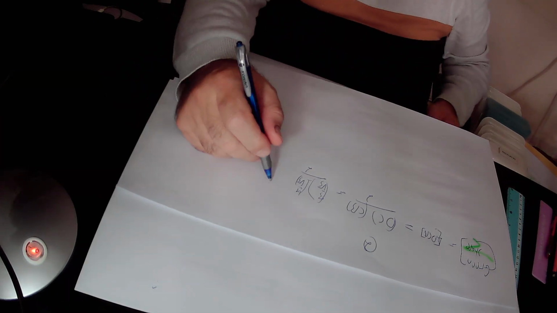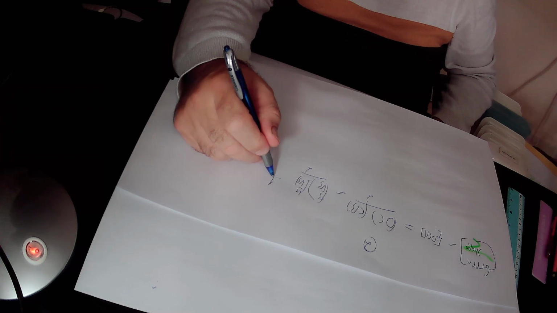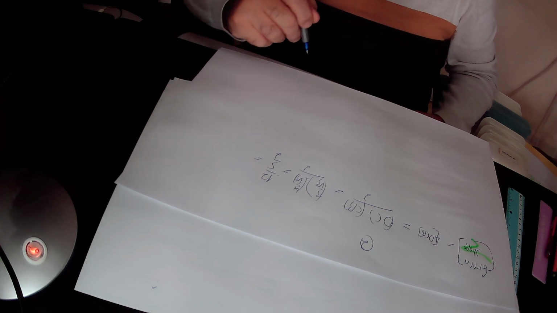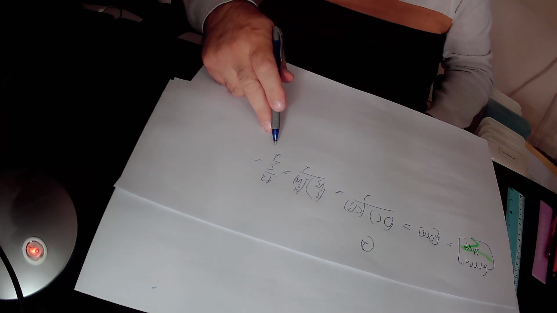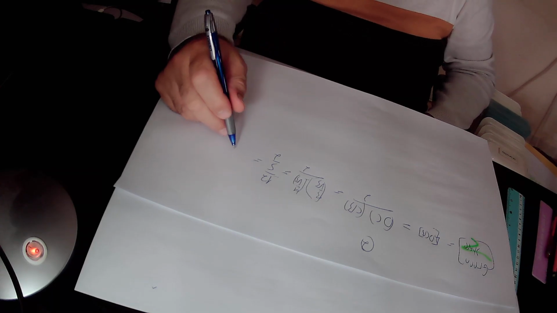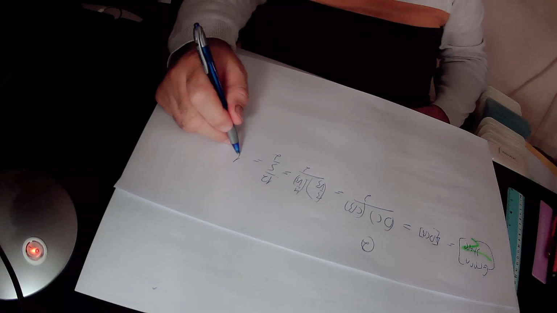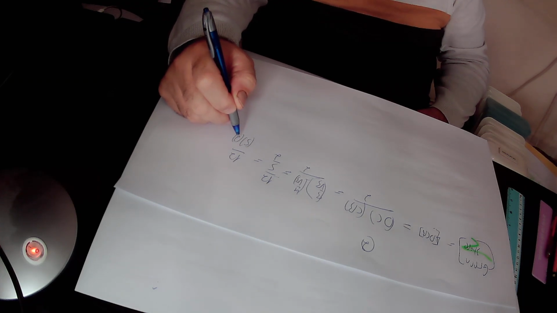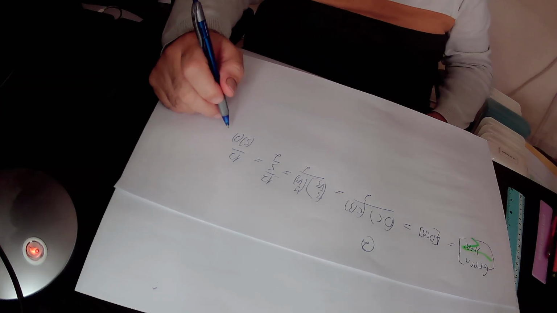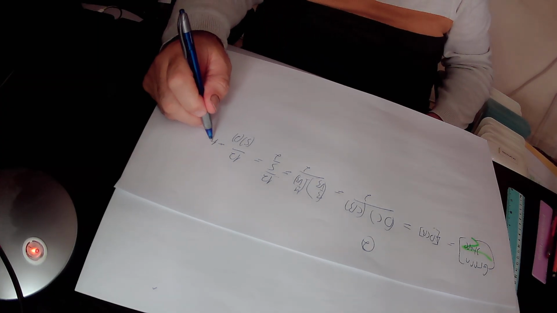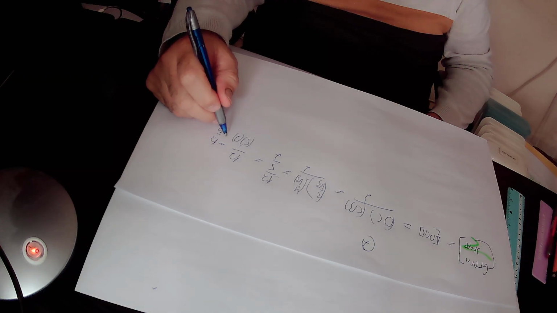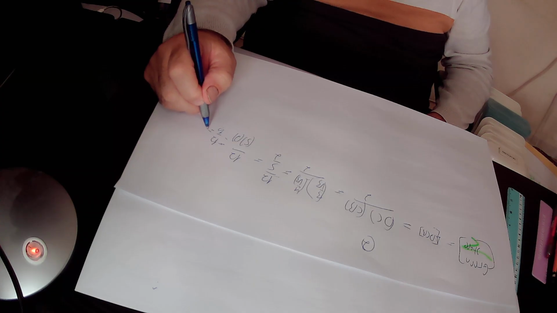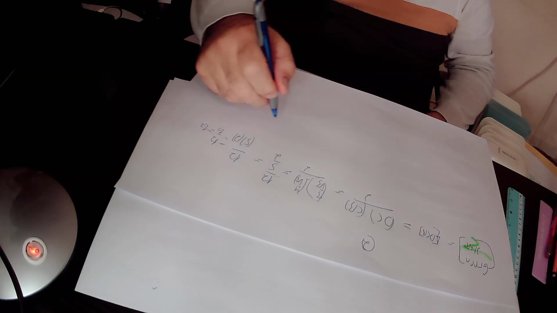So here we have 12 over 5 over 2. Here we move 2 to the denominator of this expression, and you get that the area of the green shape in total equals 12 over 5 times 2. 5 times 2 is 10, so this expression equals 12 over 10, and 12 over 10 is 1.2 square units in size.